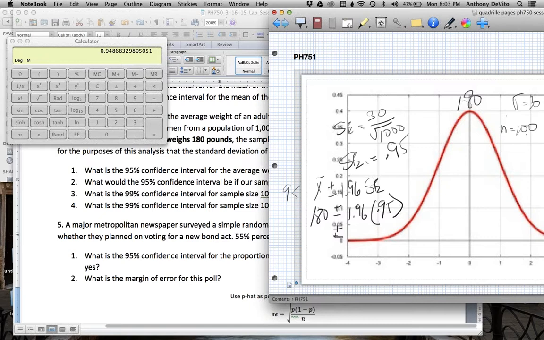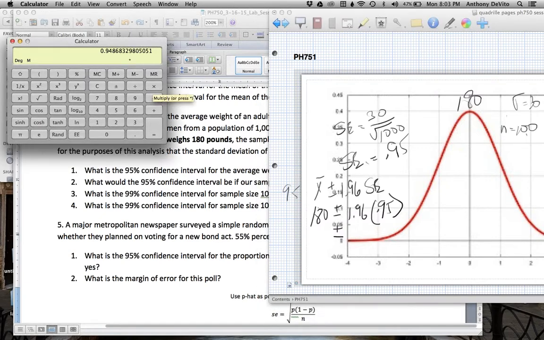Notice I've mentioned this a few times: if you don't round this off and you keep all your decimal places, it's more accurate. Better to round off at the end. So I'm going to multiply by 1.96, which is equal to 1.86.